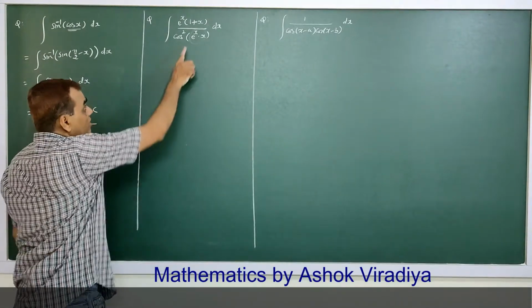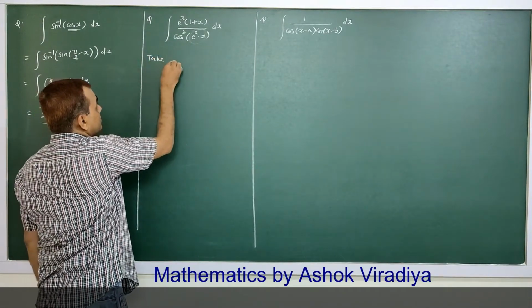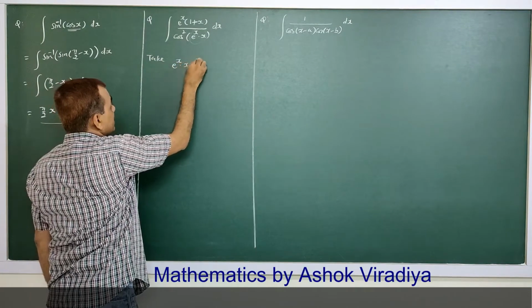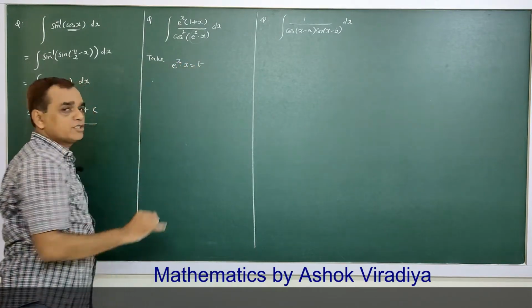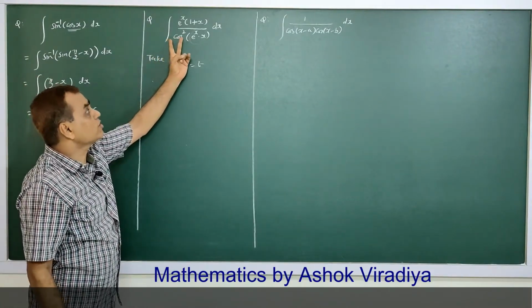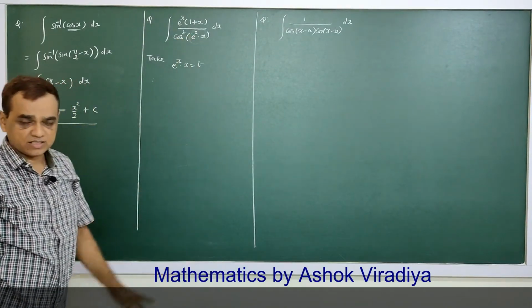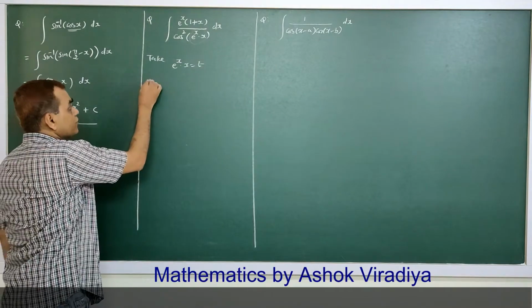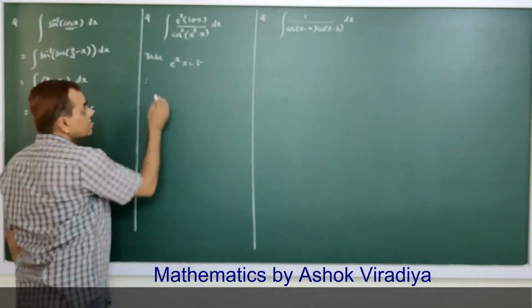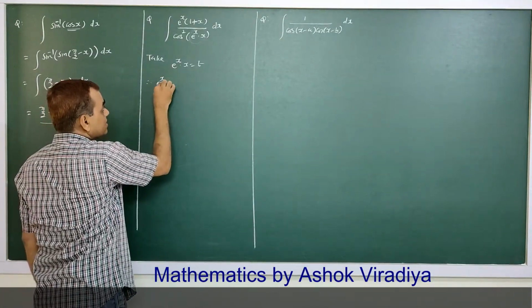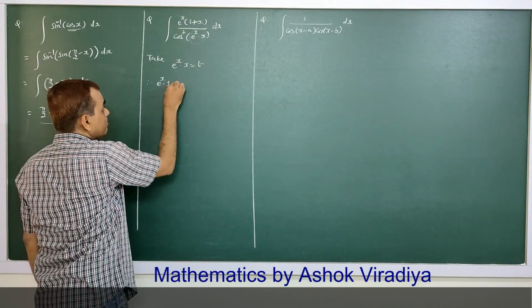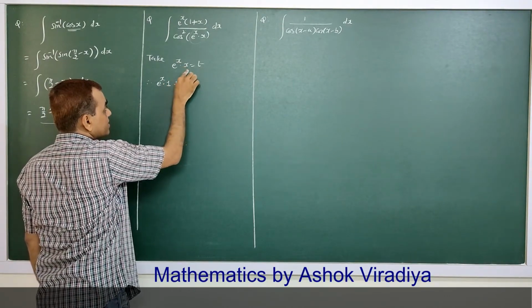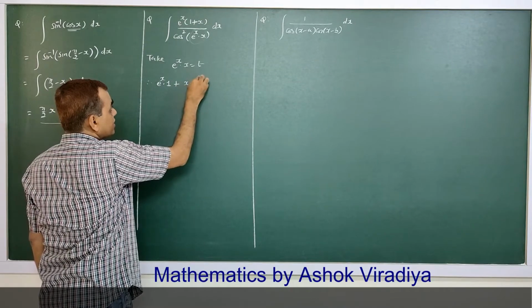So what we do? Take this part equal to t. Then this will be converted into cos square t. Now differentiating with respect to x: x as it is, derivative of x is 1; plus x as it is, derivative of e raised to x is e raised to x.